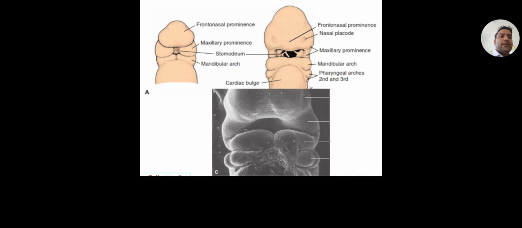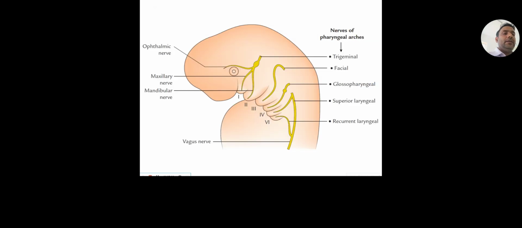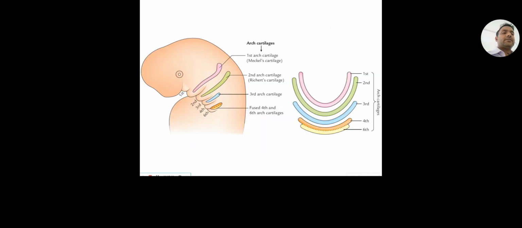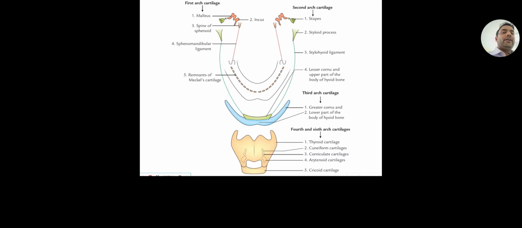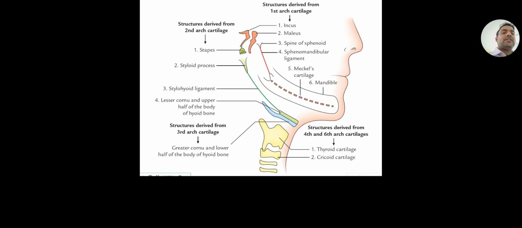So you can see here how the embryo looks after the development of the pharyngeal arches. You can remember here the nerves of the arches and the arch cartilage, how they are oriented. You can see in this picture, you can take a screenshot and remember how these different skeletal components of each arch are formed.